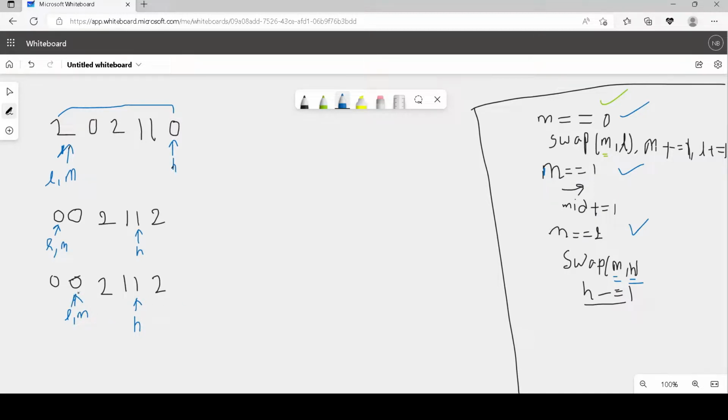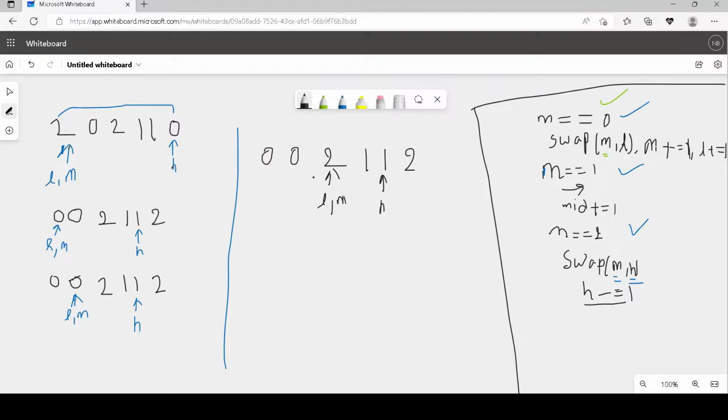Now the element at the mid pointer index is 0, so again we will swap both of them. After swapping, it will become 0, 0, 2, 1, 1, 2. After swapping, we will increment both of them by 1. And my high pointer is 1.